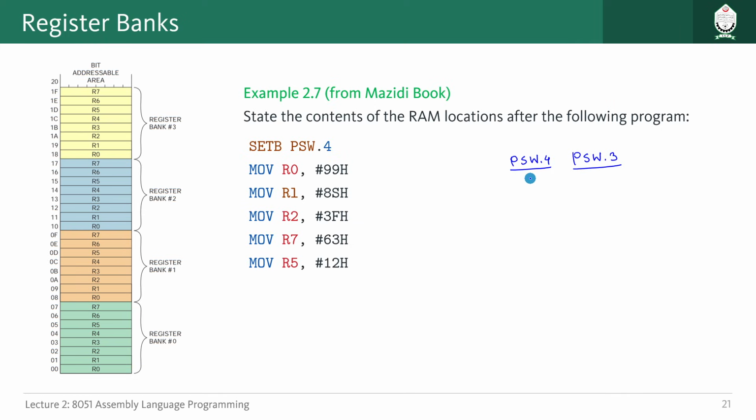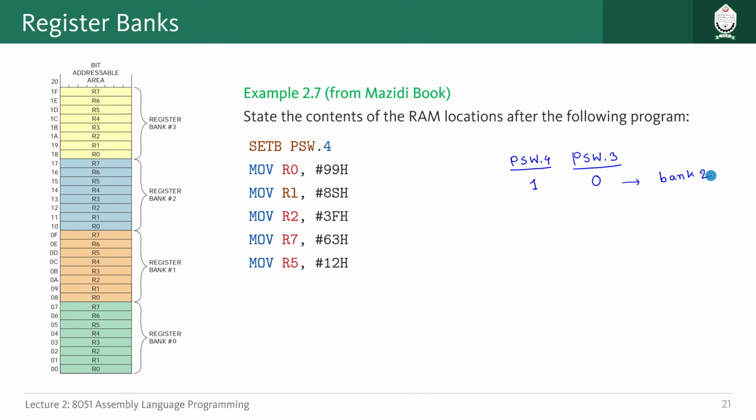If this is 1, and by default we know that both of them are 0. Whenever the 8051 starts, both of them are 0, so register bank 0 is selected. We can assume this one is initially 0. So what we have done is selected register bank 2. This is the combination for bank 2.